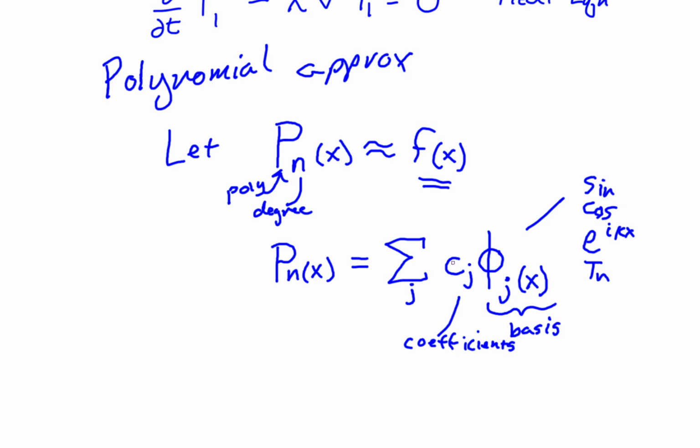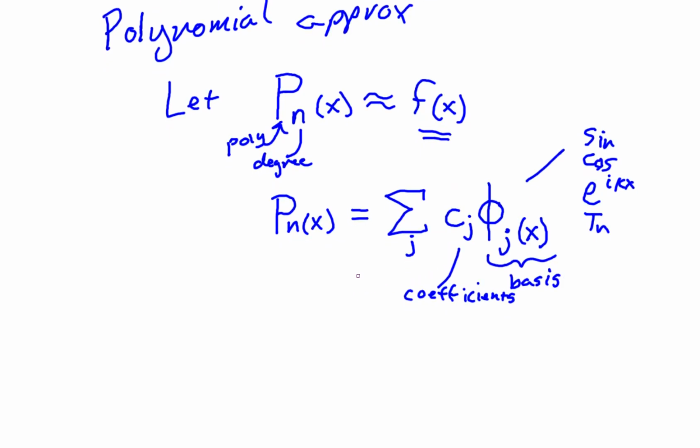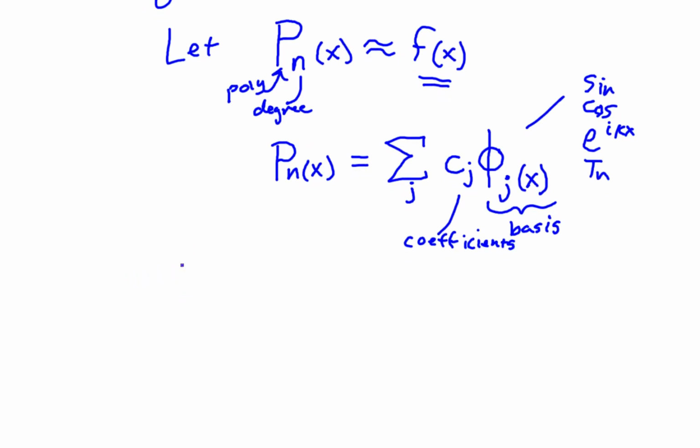Now, if we have a polynomial approximation to our function f, then there's an interesting property I'm going to show you. If the polynomial approximates f, then the derivative of the polynomial itself approximates the derivative of f.